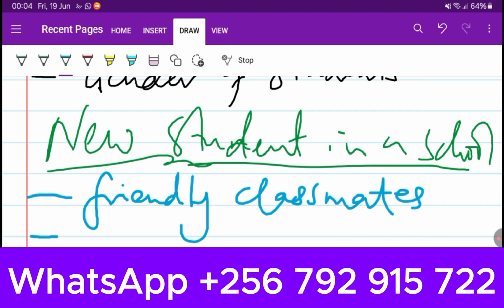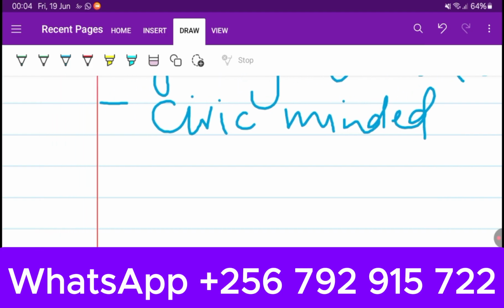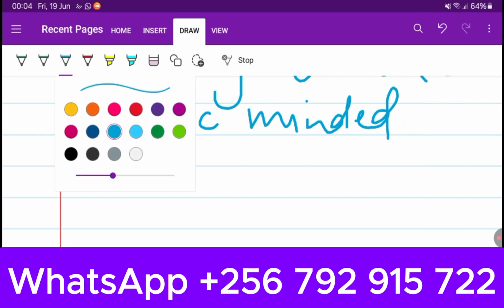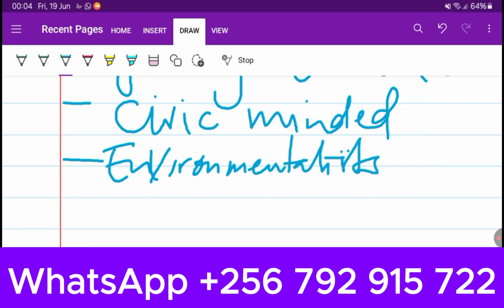If we talk about being civic minded, that's also a qualitative aspect. According to the students, we have maybe got people who are environmentalists. They care about the environment.